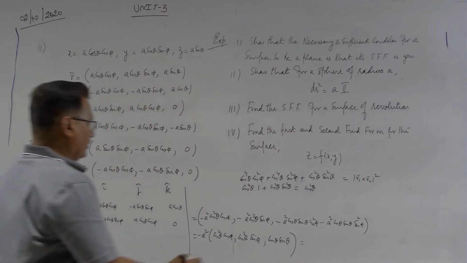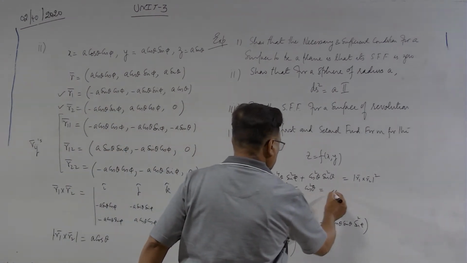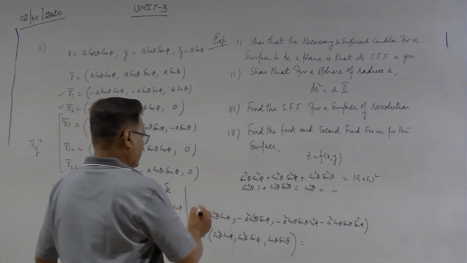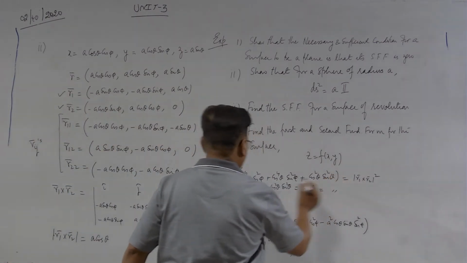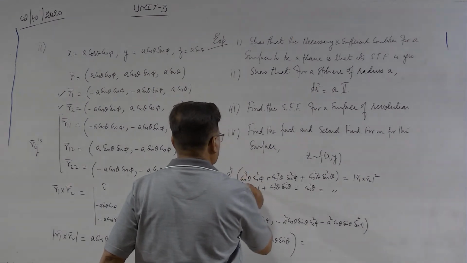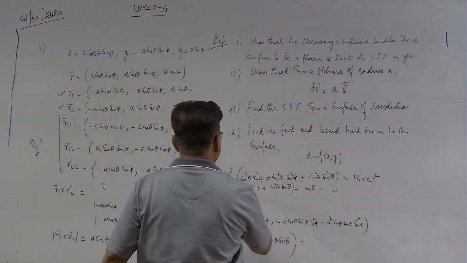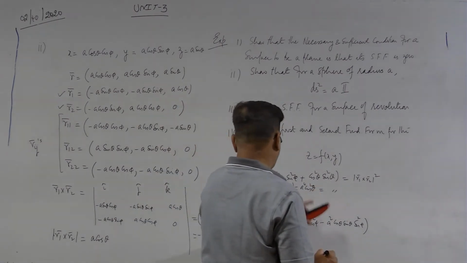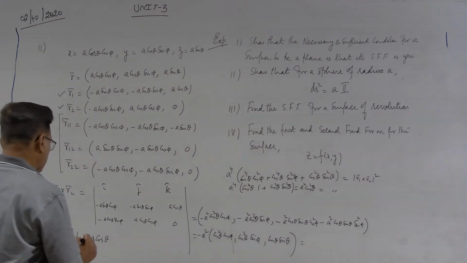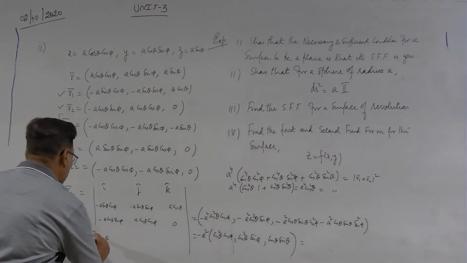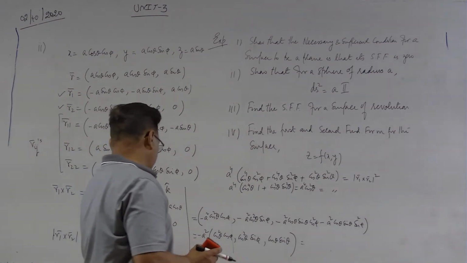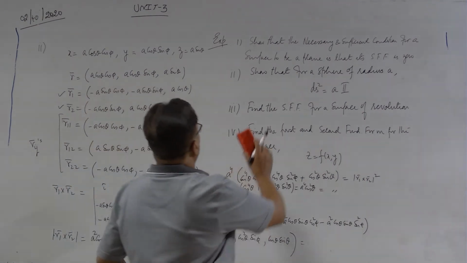I am sorry. A square I have forgotten to write. So, A square was there, in fact, A to the power 4 was there. I forgot to mention it. So, this is A square cos theta. Okay.